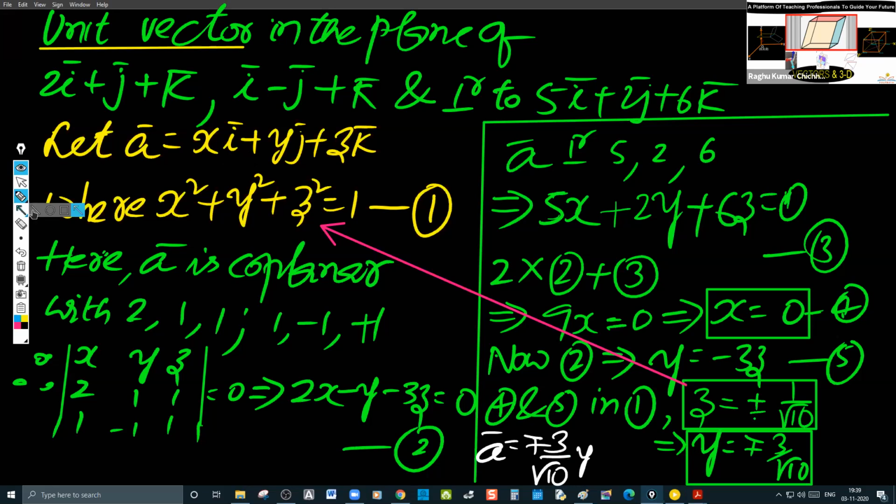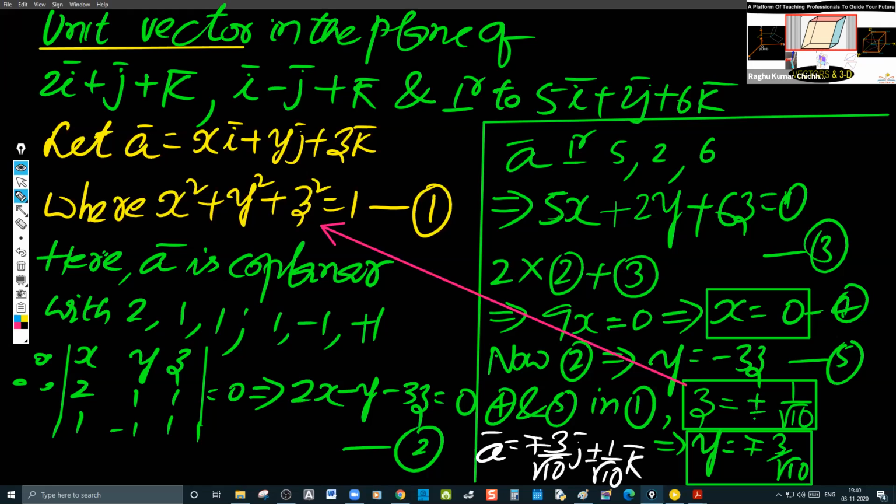The first one anyway becomes 0, because x is 0. In place of y, plus or minus 3 by root 10 j. Z, please: plus or minus 1 by root 10 k. This is to be remembered, please. This model is important.